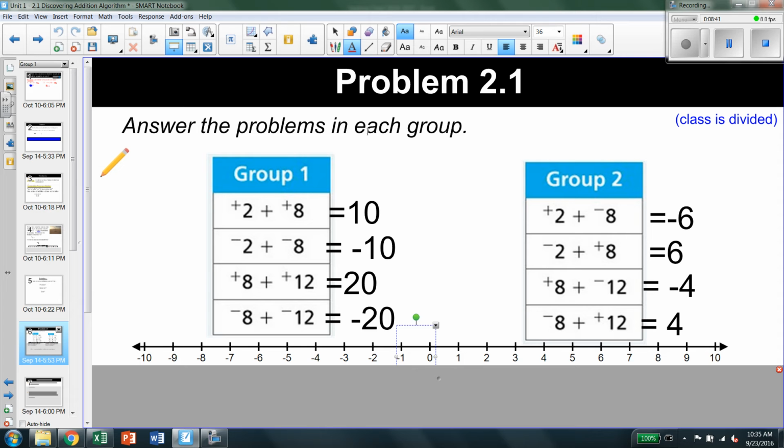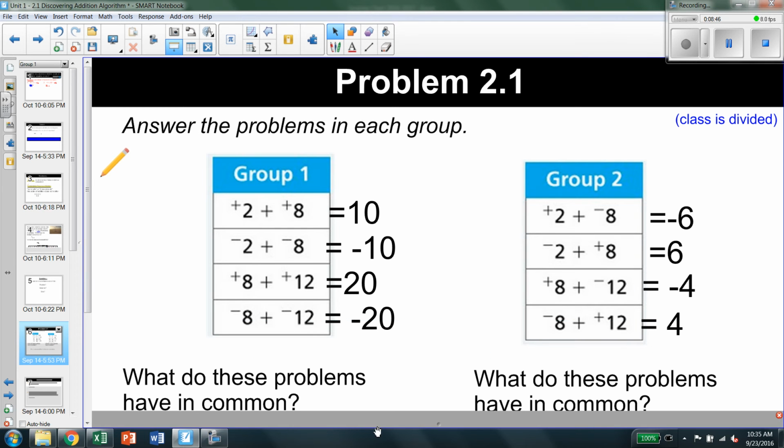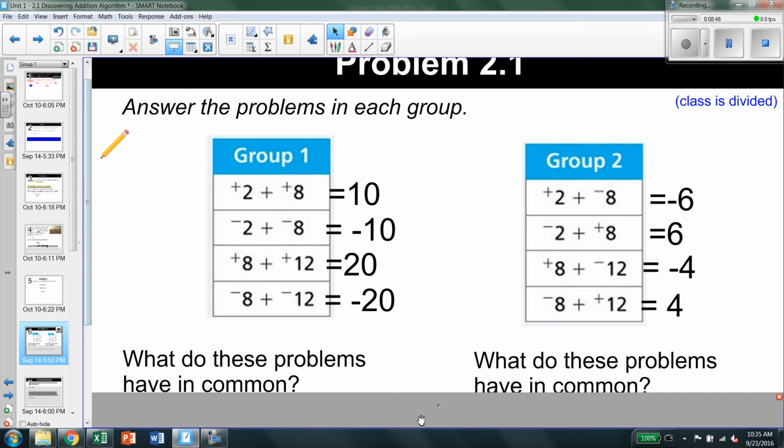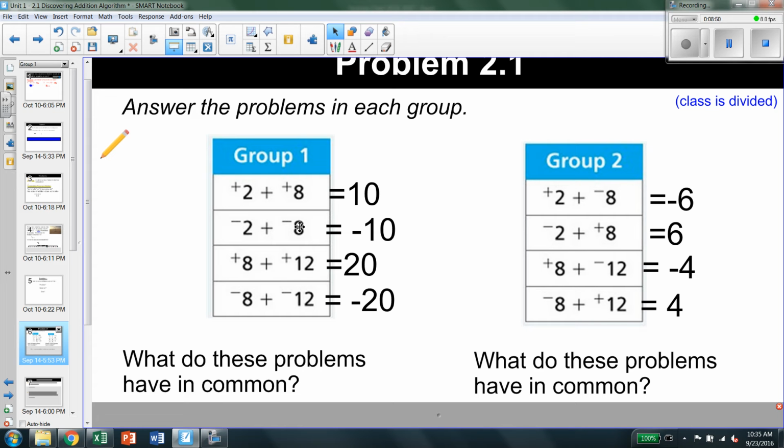Now, do you notice any? Forget about the answers now. Just look at the problems themselves here. What do these problems have in common? Well, you might be thinking that the signs are the same for each problem. Like here, I'm adding a positive and a positive.